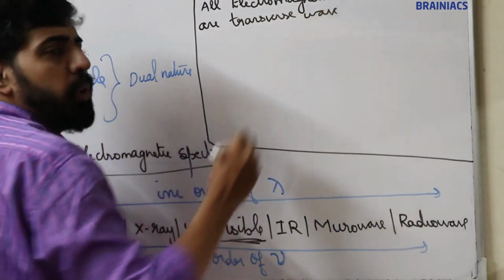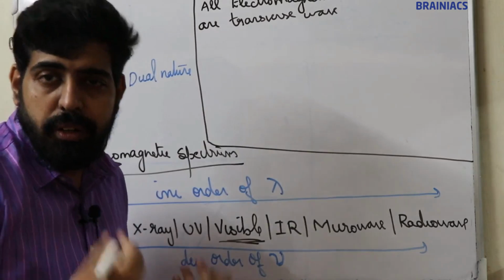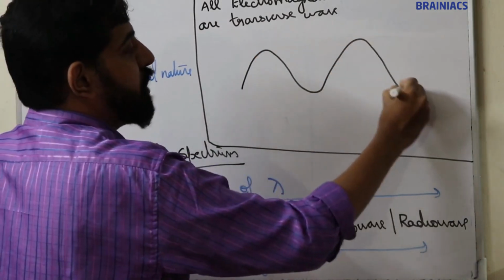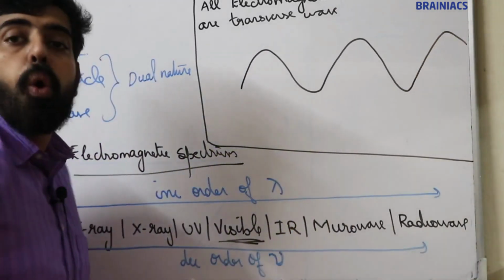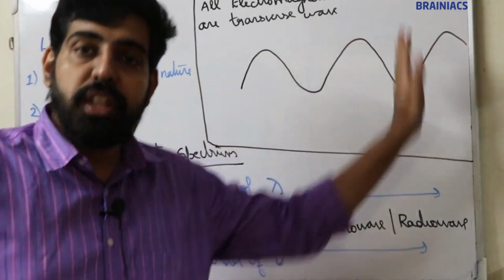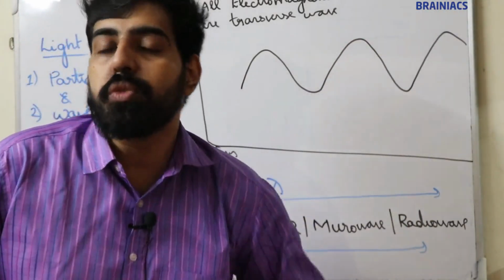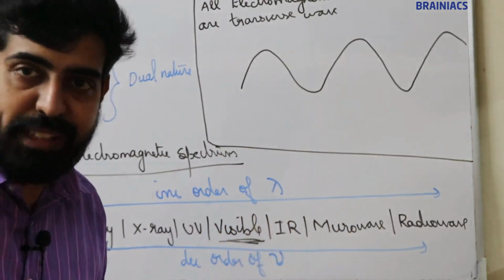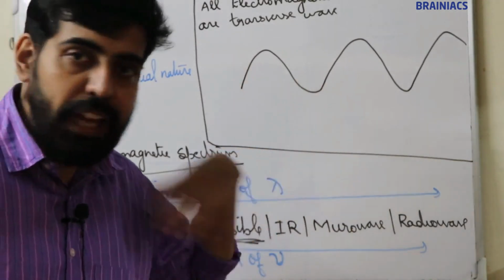What are transverse waves? These waves are known as transverse waves. They always travel in the form of transverse wave. The properties of transverse waves are wavelength, frequency, etc. I'll explain that.